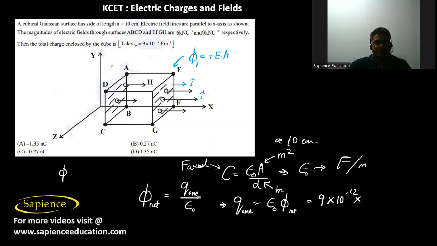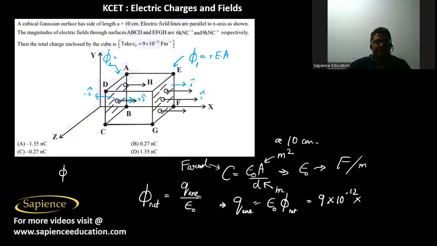But on the other side, on the surface ABCD, the flux phi 2 will be negative, since here the area vector is along the negative x-axis, along minus i cap, and the electric field is along positive i cap.